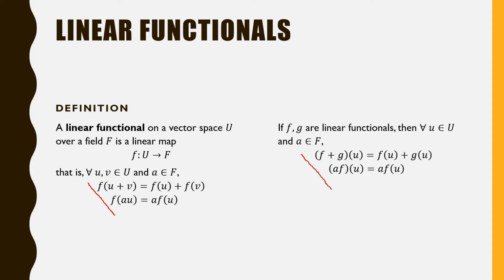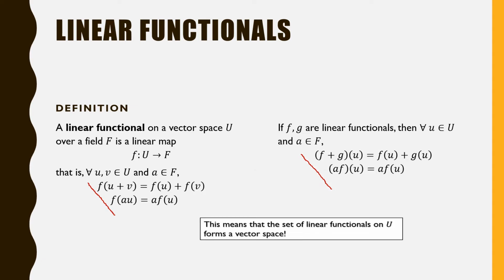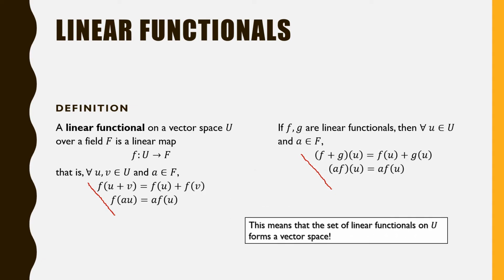These two properties here define a vector addition and a scalar multiplication on the set of linear functionals, and you can check that that definition actually satisfies all the axioms of a vector space, which shows that the set of linear functionals on U forms a vector space itself.